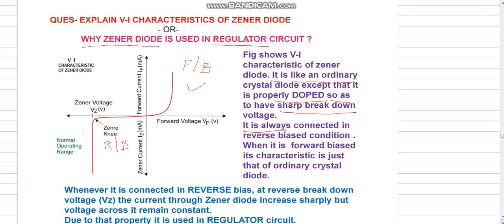That point should be noted. When it is in forward bias, its characteristics are just like those of an ordinary crystal diode, that is, it acts as an ordinary crystal diode.